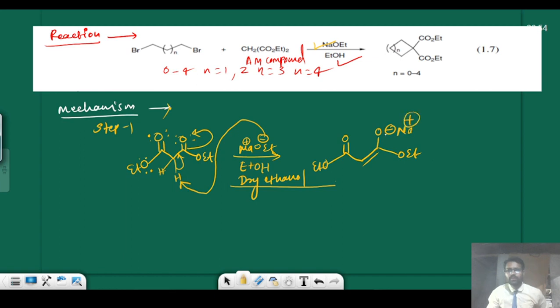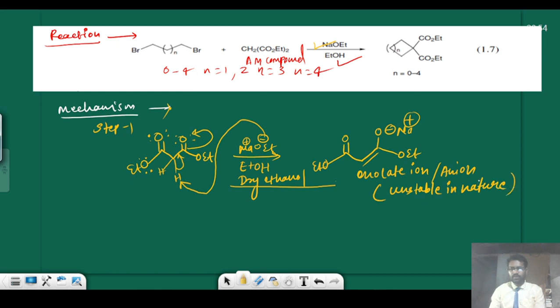So this Na plus will coordinate this particular anion. Now after generation of this enolate ion or anion, this is unstable, we know it very well. This is unstable in nature.